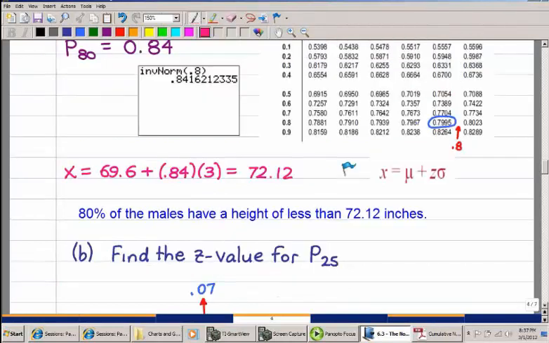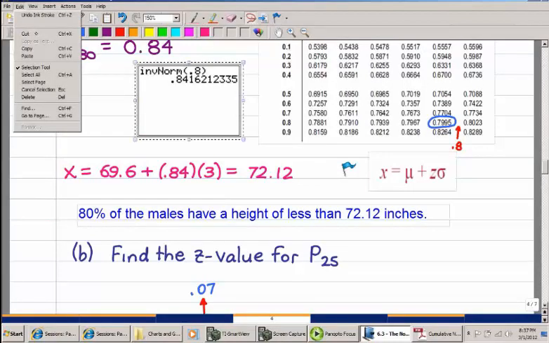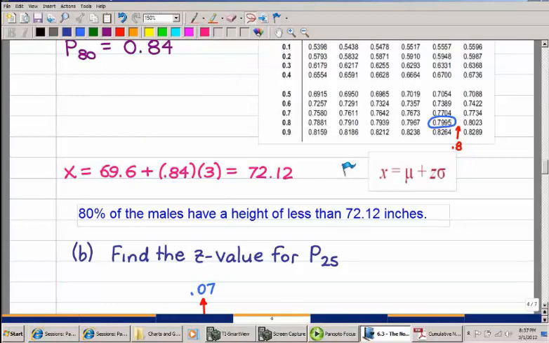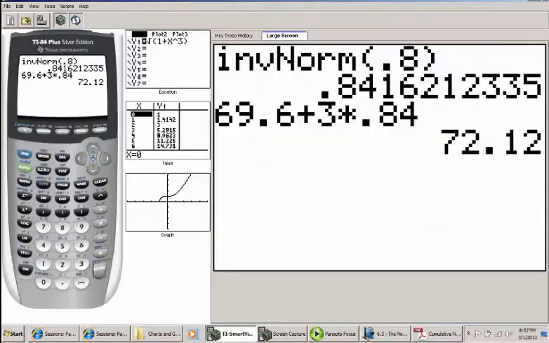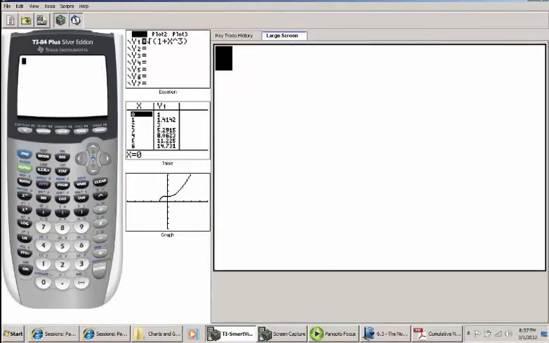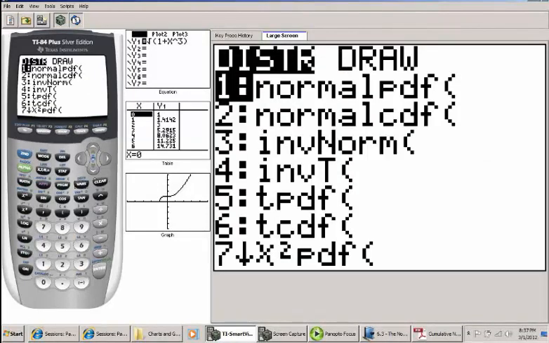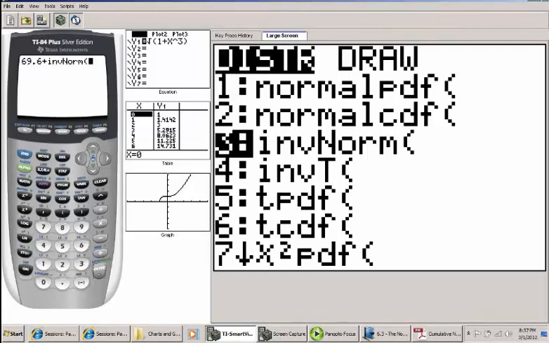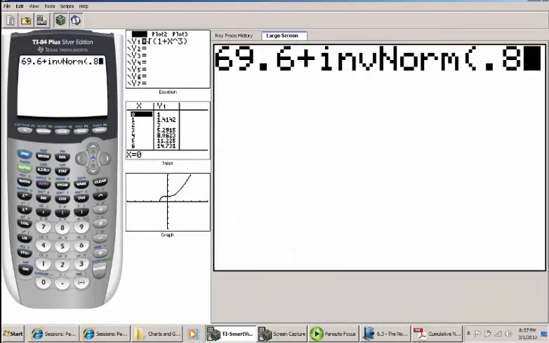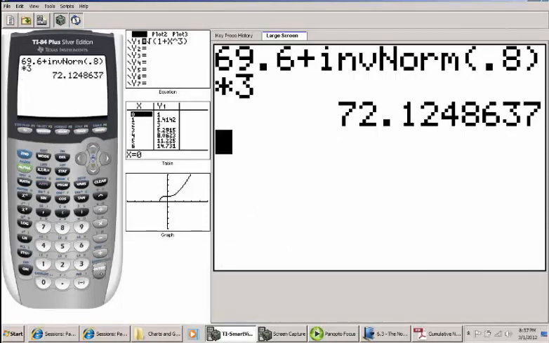Now I'm going to show you another little calculator trick which you can do here. In fact, I'll just get rid of this box for a second, since we've already seen this. If you're doing this in the calculator, you can actually do this problem all in one step. In other words, you can go 69.6 plus second distribution inverse norm 0.8 times the standard deviation of 3.